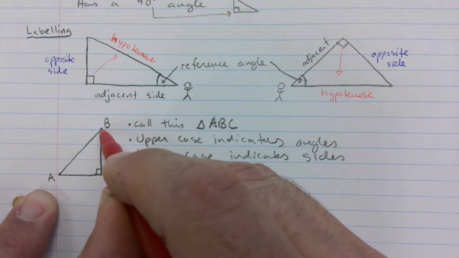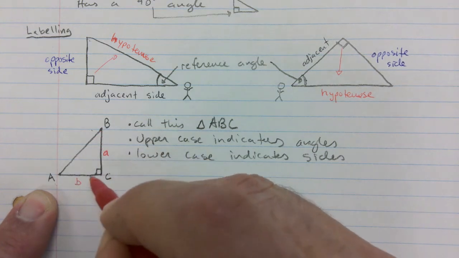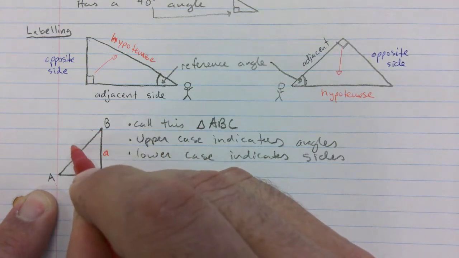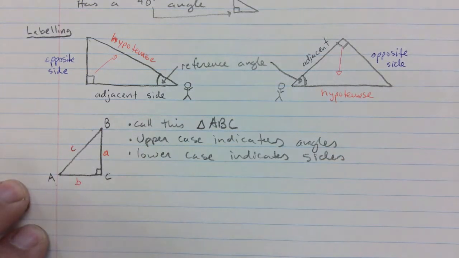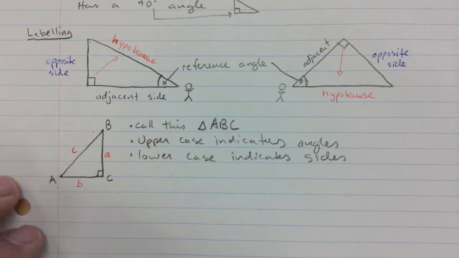So across B, this one, you'd have lowercase b here and lowercase c there. So that's how you label. So this could be D, E, F, right? X, Y, Z, it doesn't matter what letters. Across from the angles, you put the lowercase in there, okay?